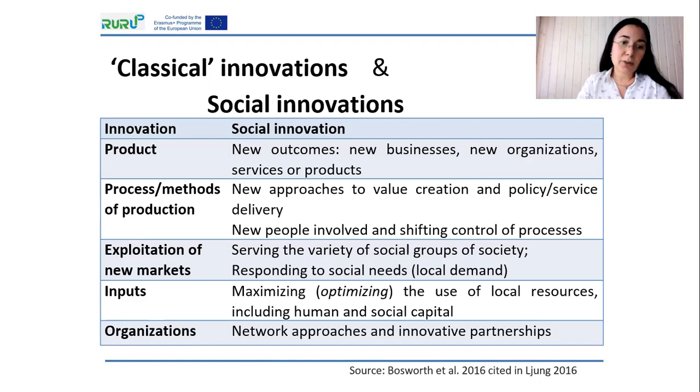When we speak about innovations in process and methods of production, in the social and institutional innovations, we speak about new approaches to creating value or to delivery of certain policies or certain services by the public institutions.